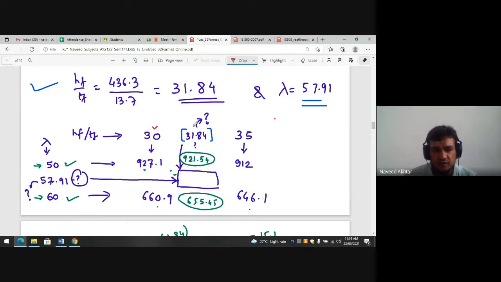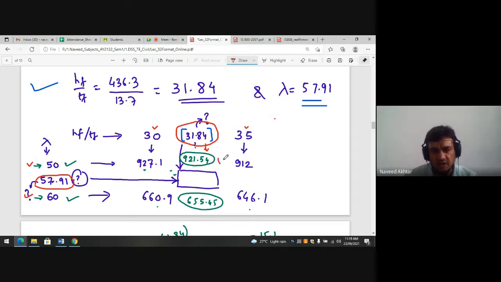For 30 and for 35 the values are given in the IS code. Similarly for lambda 50 and 60 the values are given. For 57.91 the value is not given, and for 31.84 the value is not here. Hence first we will find the values of fcrb for 31.84, for lambda 50 and for lambda 60.